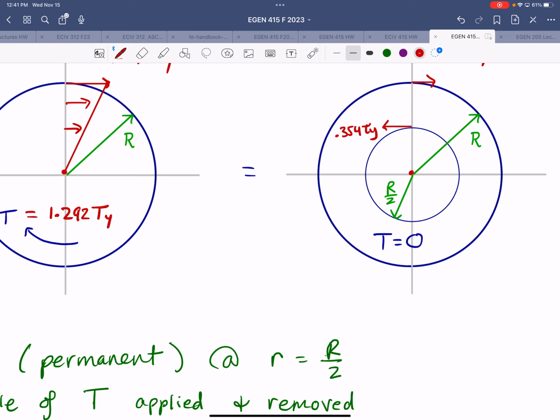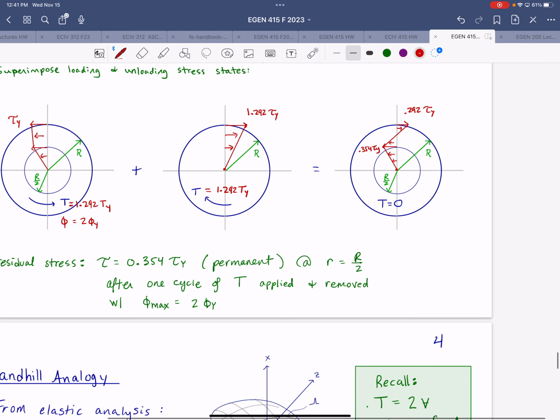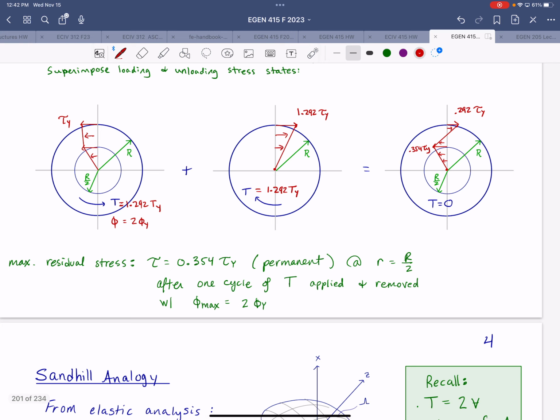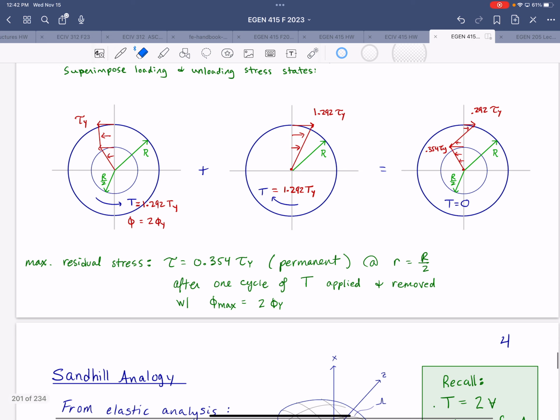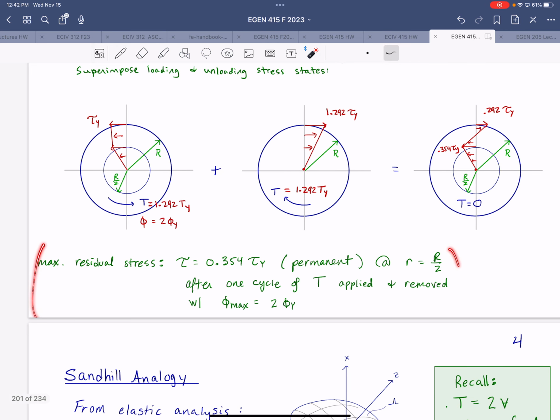And we'll have 0 at the center of twist. So it's going to look like this within the cross section. So I have these notes already in there.